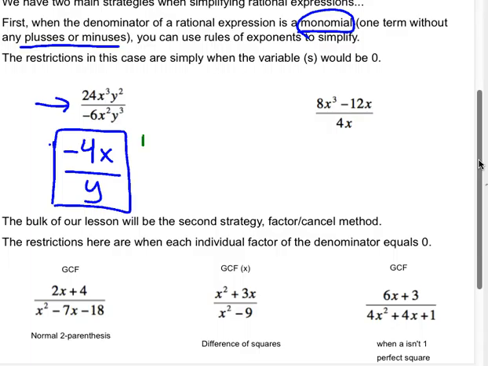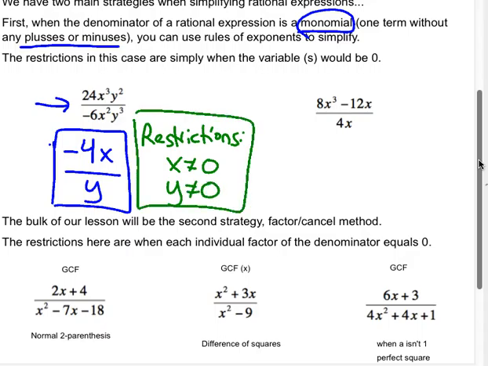In terms of the restrictions, as my little note up there says, when you have monomials in the denominator, all that means is that the variables can't equal 0. Those are your restrictions. So each of these is going to have two pieces to your solution, the simplification and the restrictions.